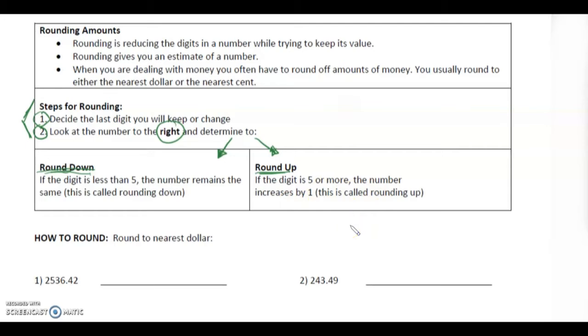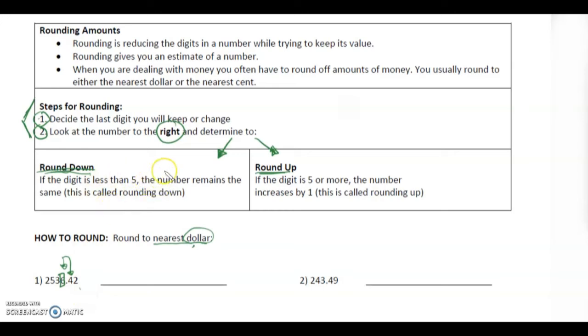Okay, so let's do a hands-on example. So round to the nearest dollar. So our dollar would be here, where this 6 is. So number 1 is already dealt with. We decided that we're going to round to the nearest dollar, so we identified this digit here. Now we're going to look on the right of this one. So we're dealing with a 4. Okay, so 2 options.